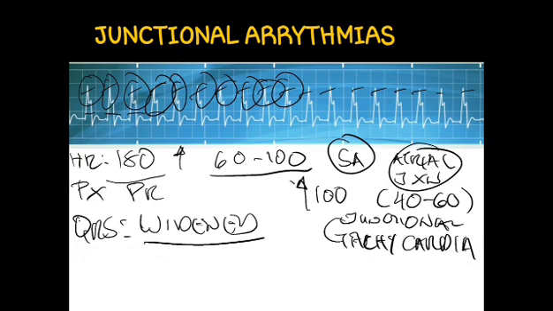Okay, so bundle branch block is discussed in a separate topic or a separate course. But just to give you an overview, this is an example of your left bundle branch block. If you can see a QRS complex that looks like this, it is the hallmark of your left bundle branch block.